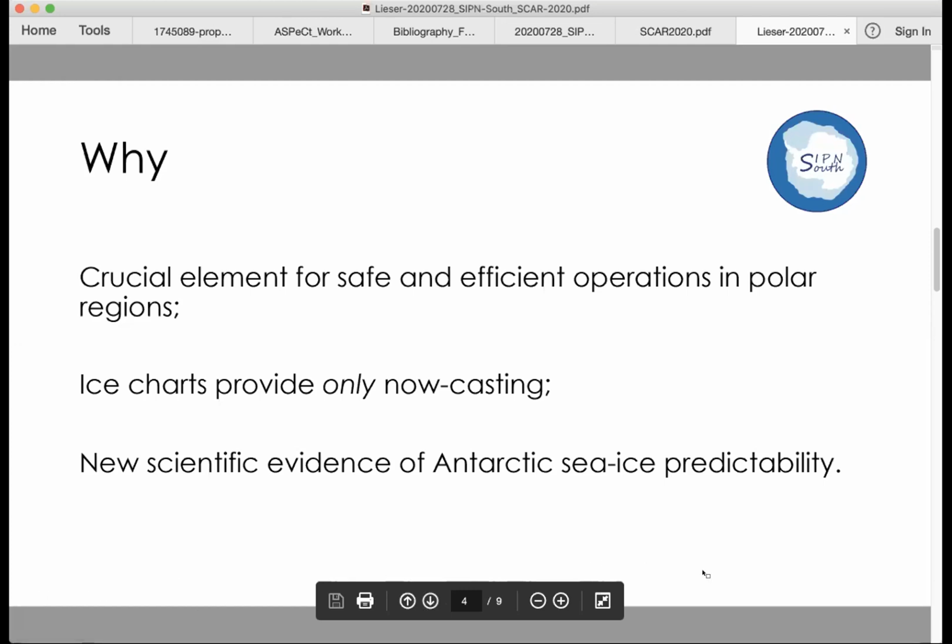So enhanced zonal winds in October lead to an increased ice divergence in the region of the Ross Sea that reduces ice concentration, that reduces albedo, that enhances shortwave absorption, increases oceanic heat, and therefore delays the sea ice formation in that region. So that's a mechanism, if you want, which should allow us to predict sea ice for that region.